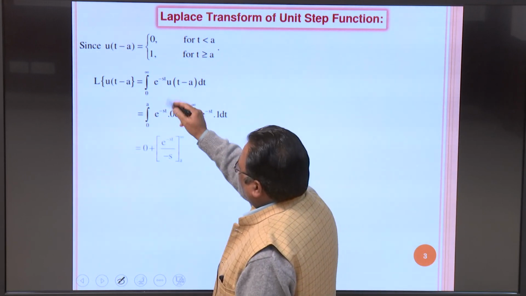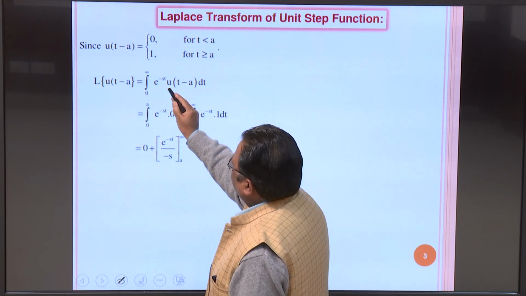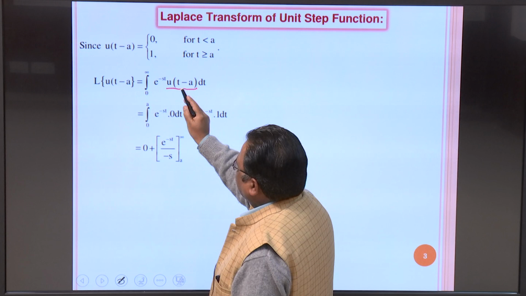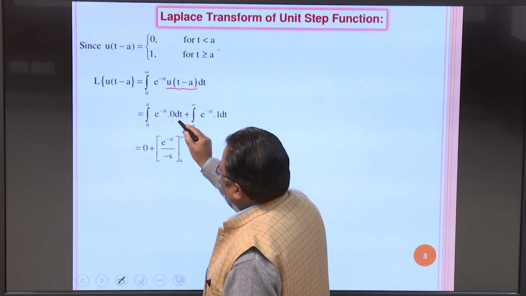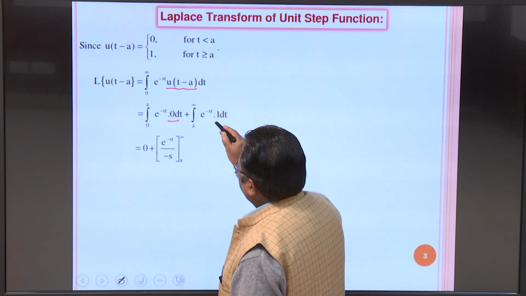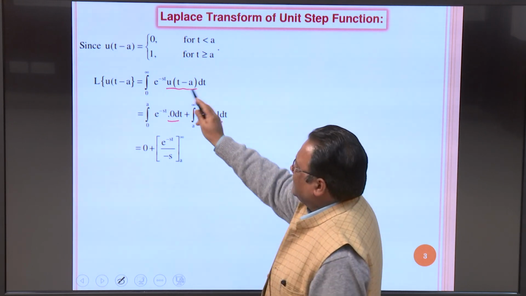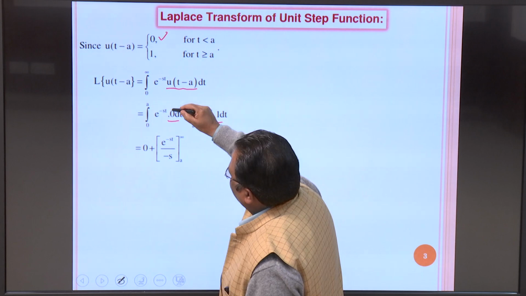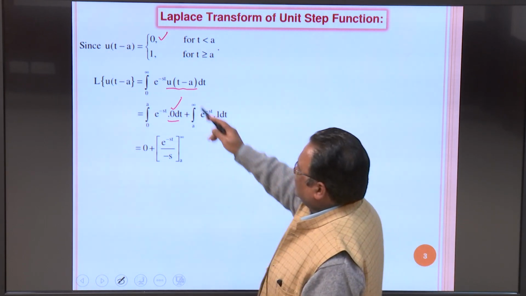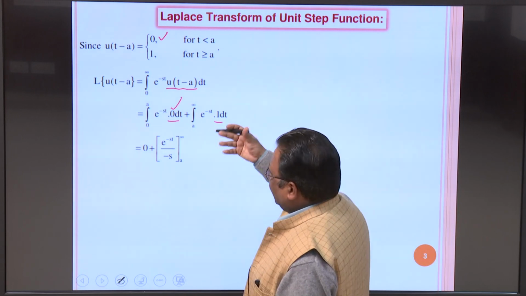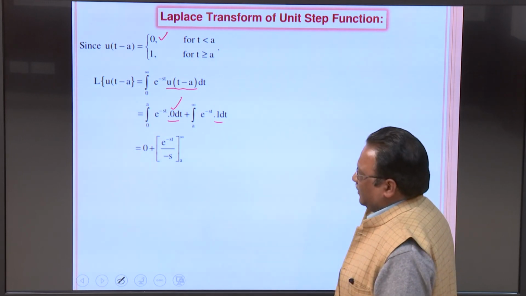Now, solve this. Substitute the expression of u(t minus a). From 0 to infinity, from 0 to a we get 0 and from a to infinity we get 1. The value of u(t minus a) is 0 when t is between 0 and a, and it is 1 when t is between a and infinity.